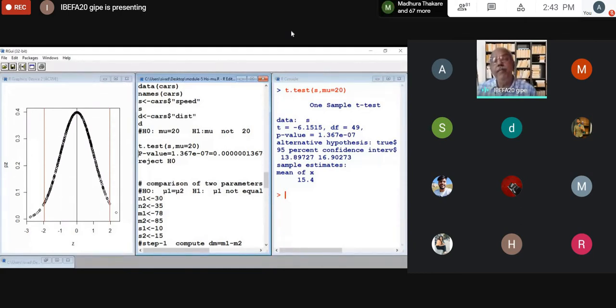The p-value is very, very small, less than any level of significance you take: 1%, 5%, 6%. So what is the conclusion? Reject H0. This is the p-value approach.